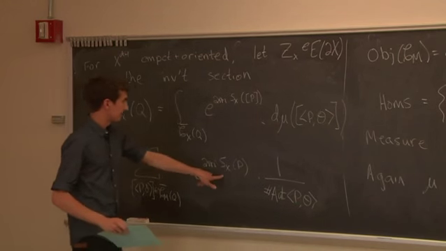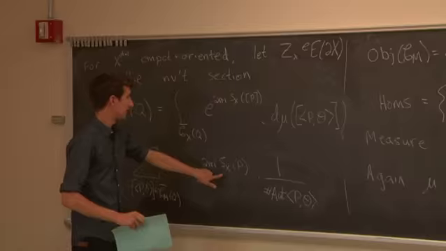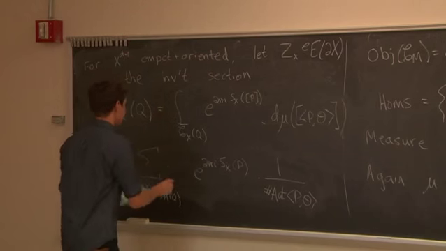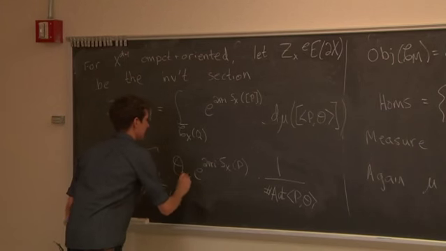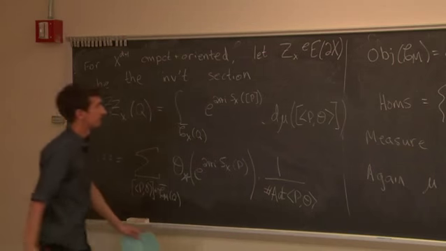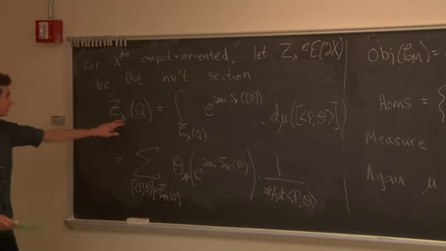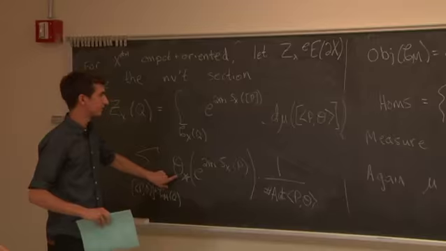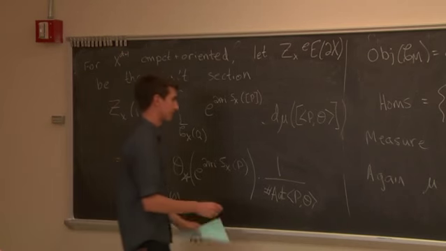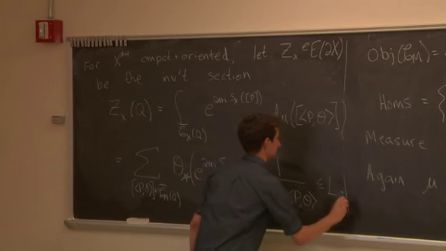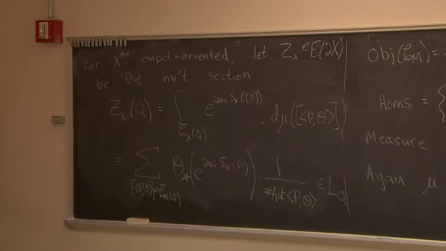Well, let's see. So this is an element of the line associated with the boundary of P. I can think about it as an element of the line associated to Q by pushing forward under this isomorphism on the boundary, so that this will actually give me a section.